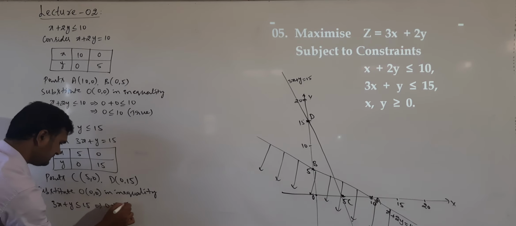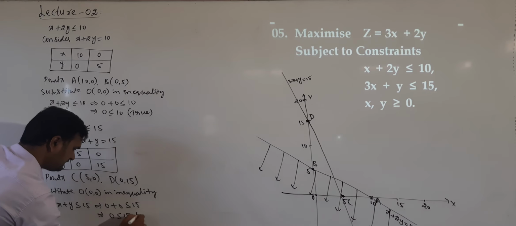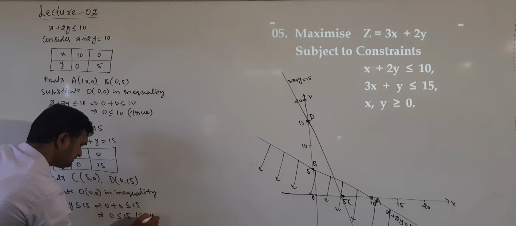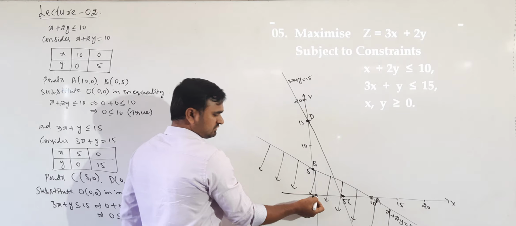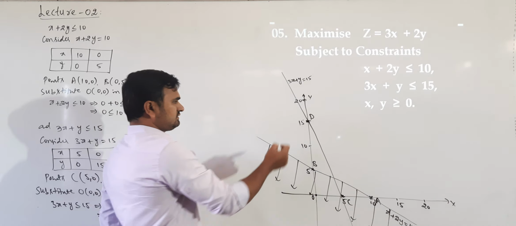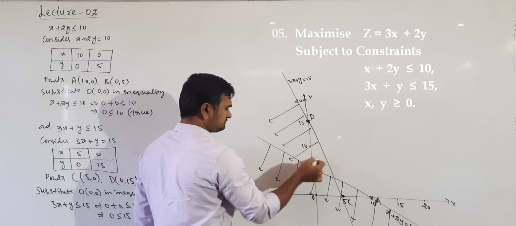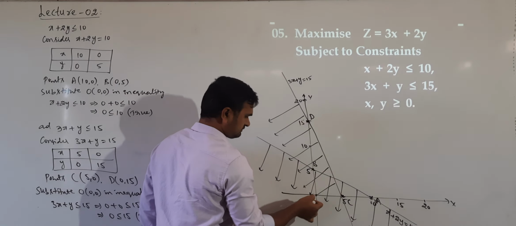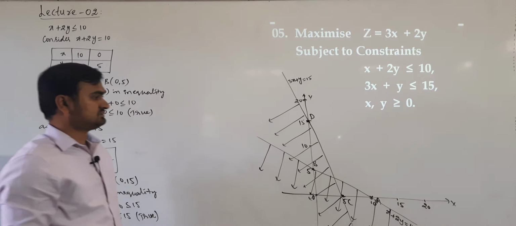So 0 plus 0 less than or equal to 15, 0 less than or equal to 15. Again it is true. It is true means again origin lies in the solution, which means below the line will be the required region. So the required region is below this second line also.